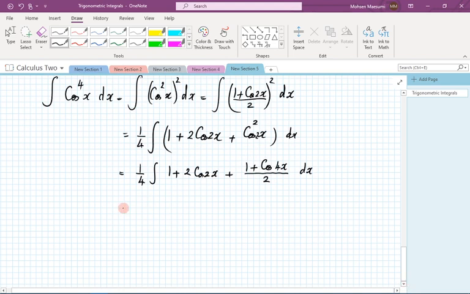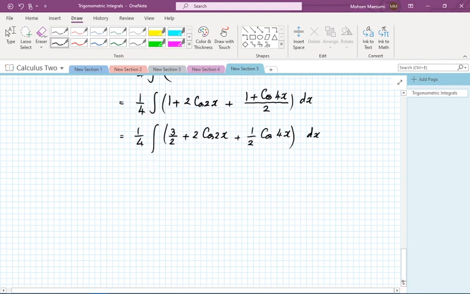Let's clean up. So I have 1/4, and 1 and 1/2, I can write it as 3/2. This is 2 cosine of 2x, and this is 1/2 of cosine of 4x, then dx. I have to put this in parentheses.